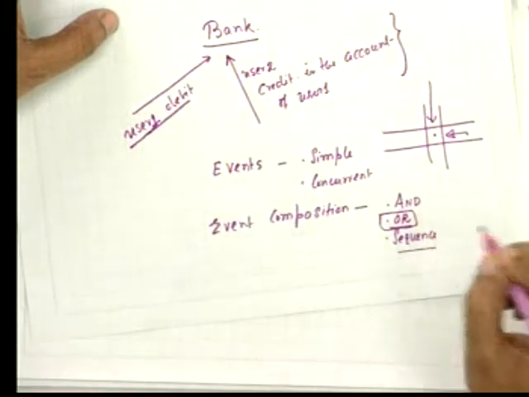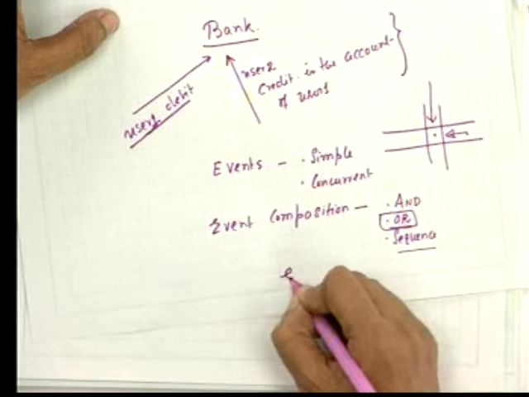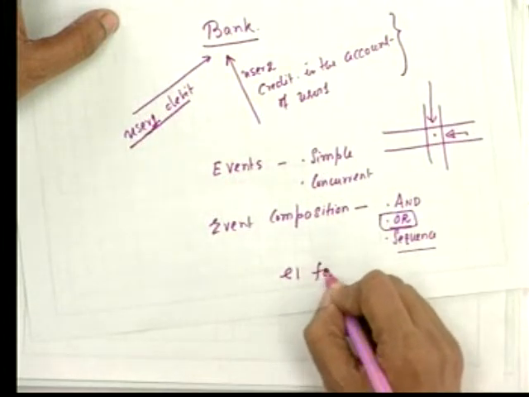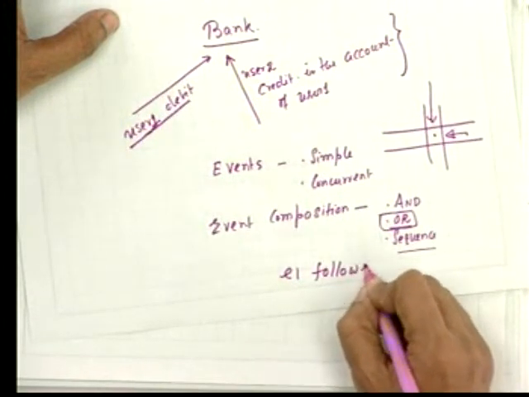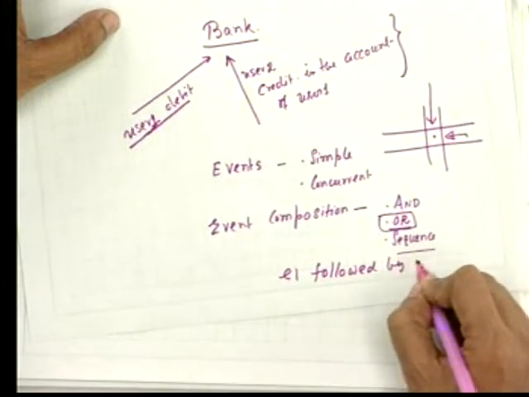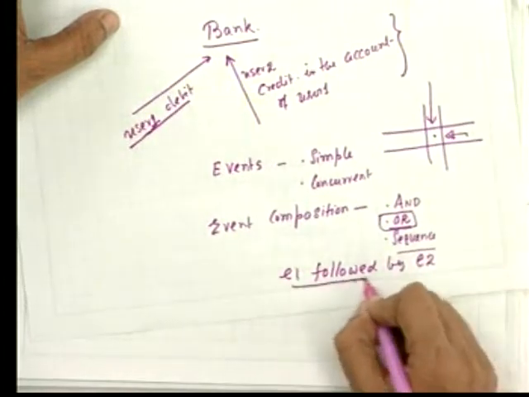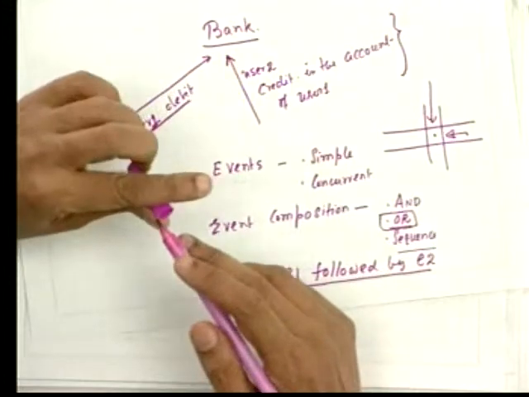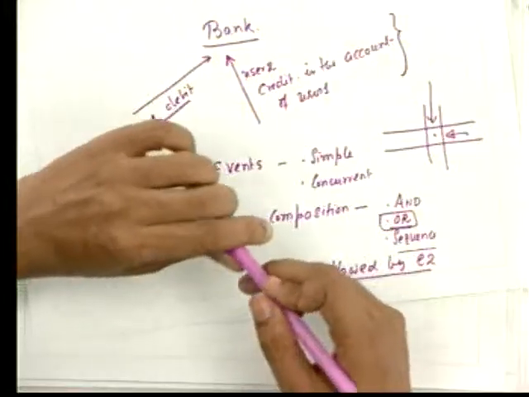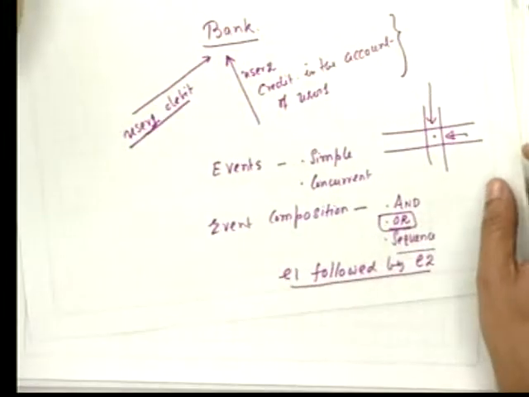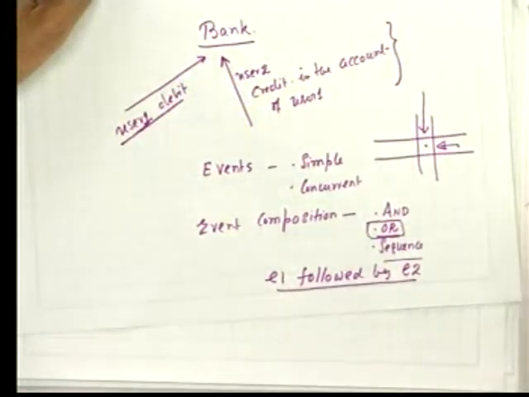Similarly, one can have, say, event 1 followed by event 2. If this happens, that is, event 2 occurs in a sequence, then some actions will be taken by the object under consideration.